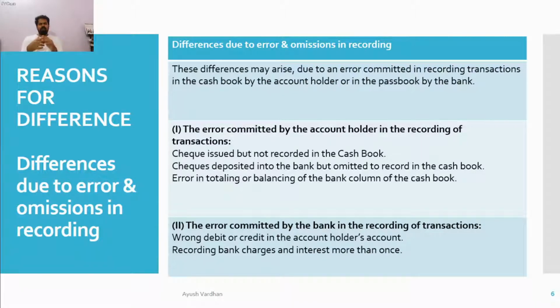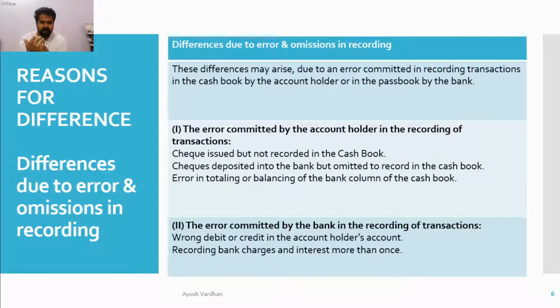Another is error in totaling or balancing of the bank column in the cash book. In the cash book, you have separate columns related to the bank and your own transactions, that is the bank column. What happens here is you don't do the balancing and totaling properly.